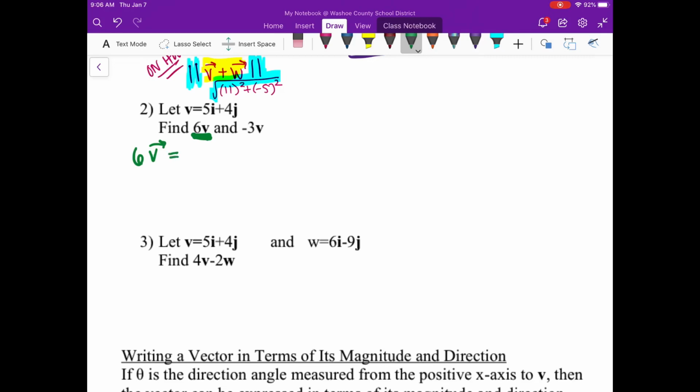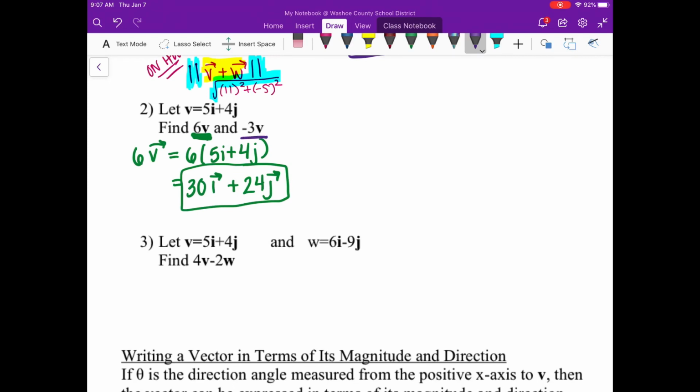Example 2 is dealing with a scalar, so it's asking me to find 6 times the vector v. That means I'm going to write down the vector, and I'm going to multiply the 6 through. So 6 times 5 is 30, that's the i, plus 6 times 4 is 24, that's the j, so that's my answer.